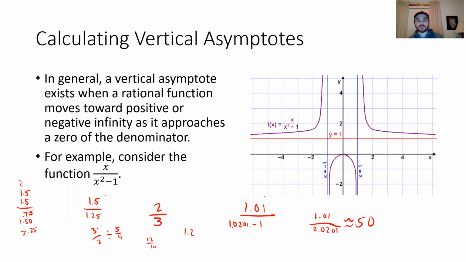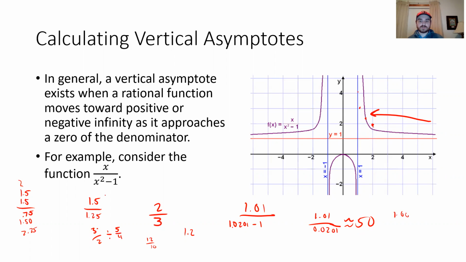So as you can see, the closer we get to 1 coming from this side, we started at 2, and then we went to 1.5, and then 1.1 and 1.01. The closer we get to this x equals 1 line right here, the closer we get to infinity. So we're already at 50 at 1.01.